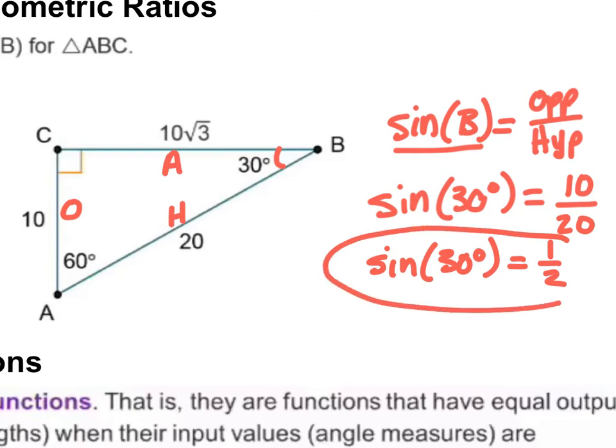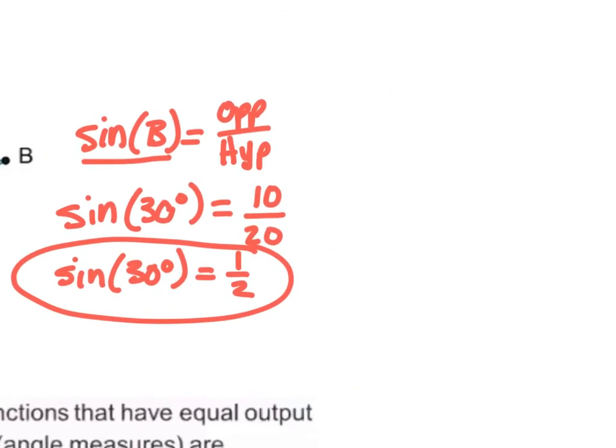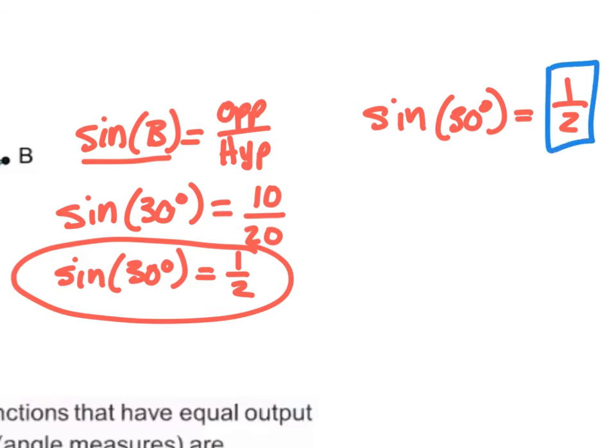Now let's think about this for a second. Sine of 30 degrees equals 1/2. What is 1/2? 1/2 is the ratio of side lengths. It took the opposite side divided by the hypotenuse, and that gave me a number. 1/2 is a number.